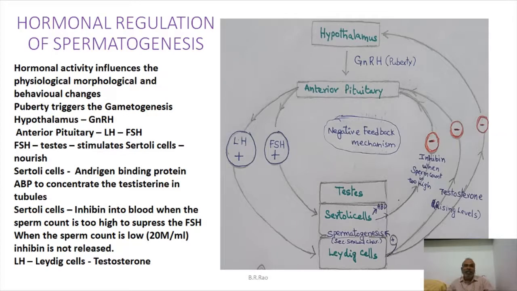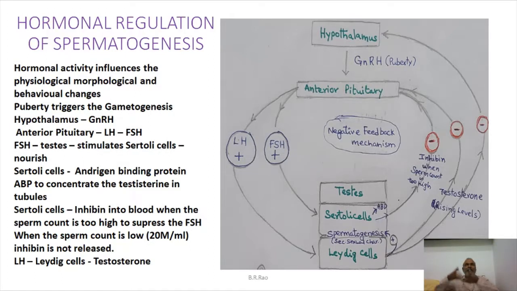When there is no inhibin, FSH will act upon the Sertoli cells. How beautiful, a control or feedback mechanism is there. This kind of feedback mechanism we call the negative feedback mechanism, because the Sertoli cells are negatively affecting the anterior pituitary, hence it is called negative feedback.